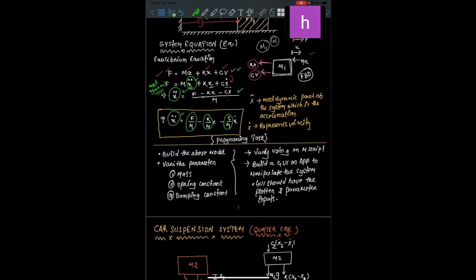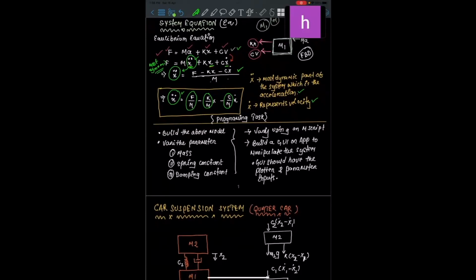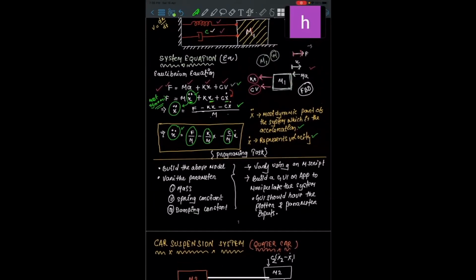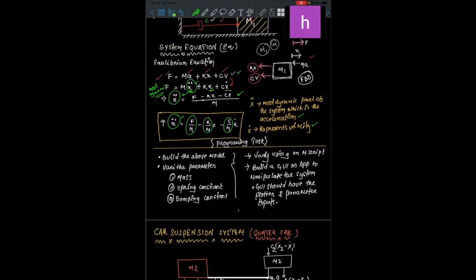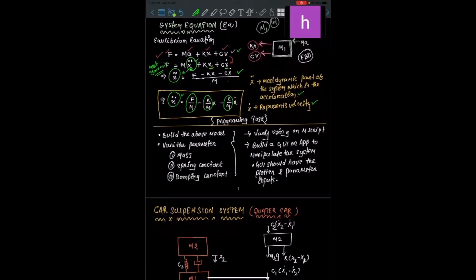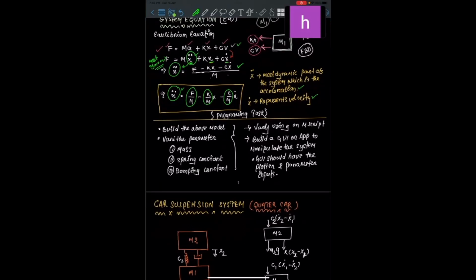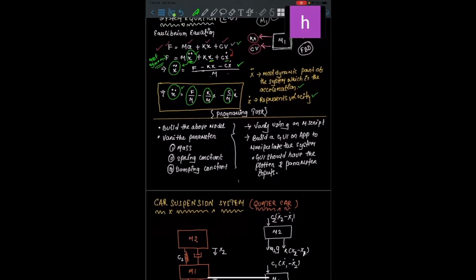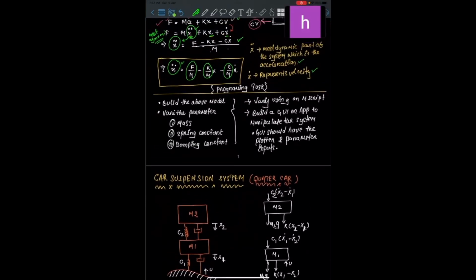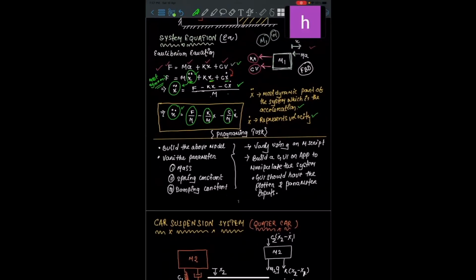As you can see, this is representing the acceleration and this is representing the velocity. So this is how the system dynamic equation will look, and then we can start the modeling based on this. Today we will see this, maybe it will take 2 classes.